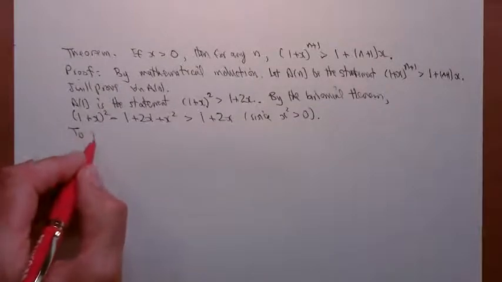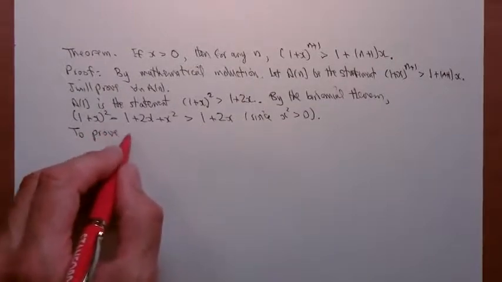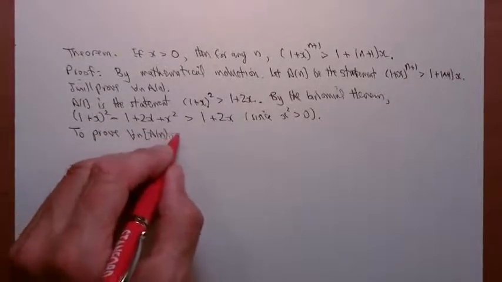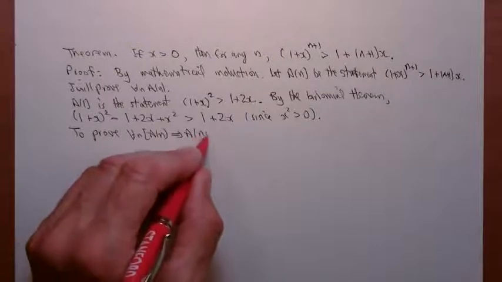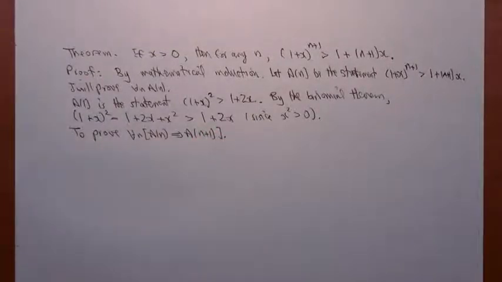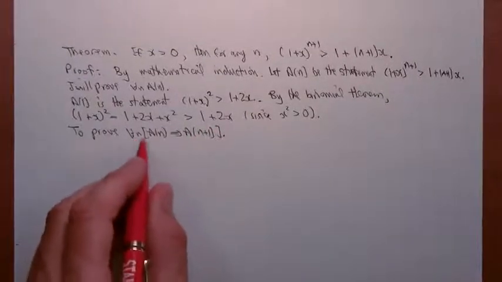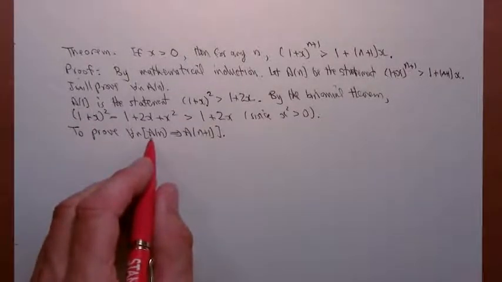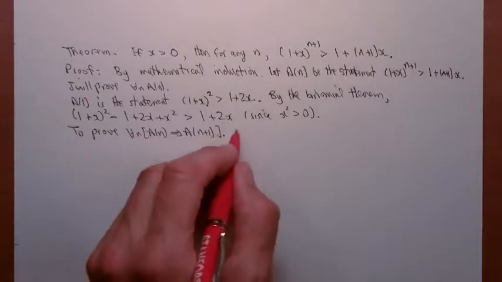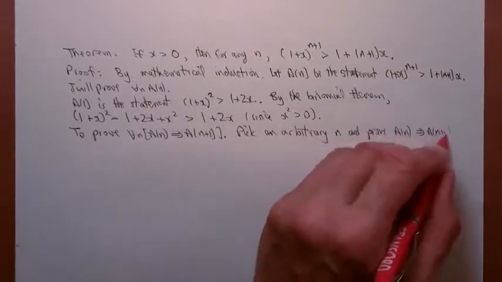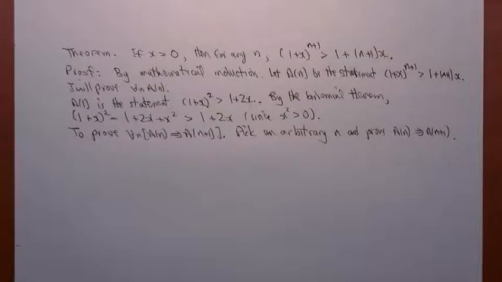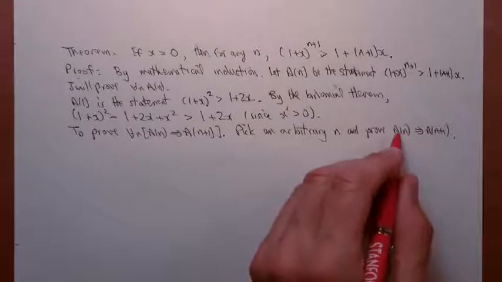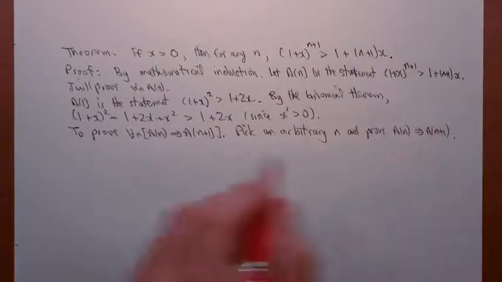The induction step involves proving for all n, A(n) implies A(n plus 1). Well, how do we typically prove a statement like this? We pick an arbitrary n and prove A(n) implies A(n plus 1). And how do we prove an implication like this? We assume the antecedent and deduce the consequent.